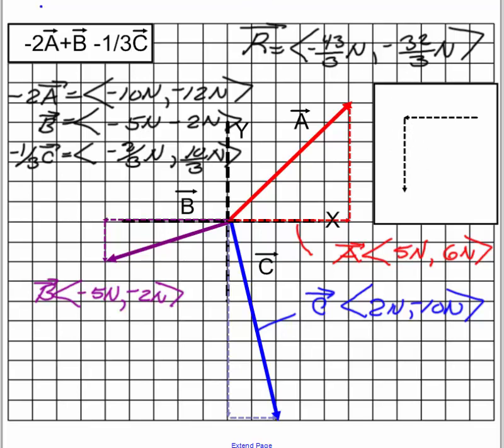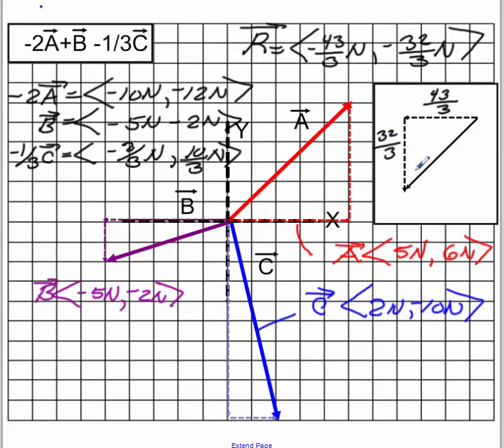The direction of that vector is going to go down this way here. So again, this distance here represents 43 over 3. I'm not going to negate it because the arrow shows it going negative. This vector represents 32 over 3. Again, I'm not going to show the negative because the arrowhead is pointing down.